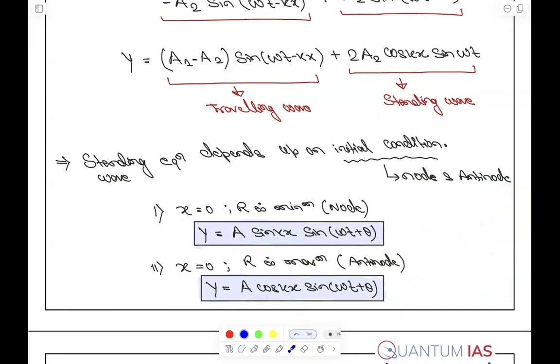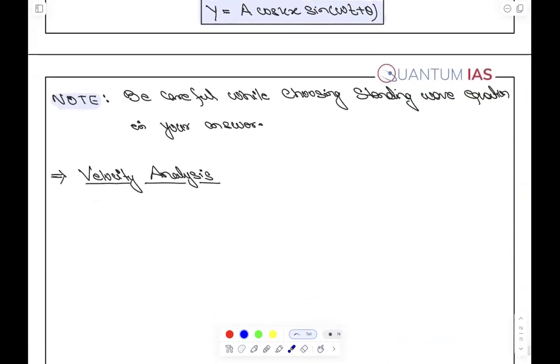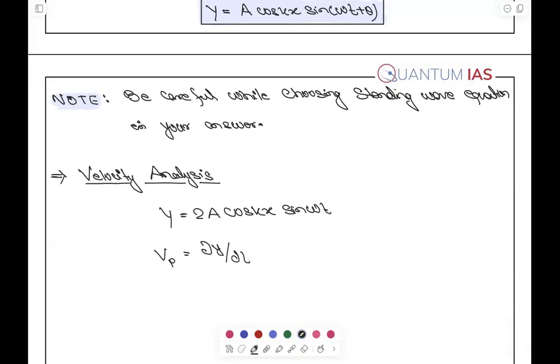Okay, we will do the velocity analysis and then we will solve a few questions. Don't worry. So velocity analysis, let's do that. Y is equal to 2a cos kx sin omega t. For every derivation, I will be using this one only. What will be my VP? Can I write VP will be del y by del t?